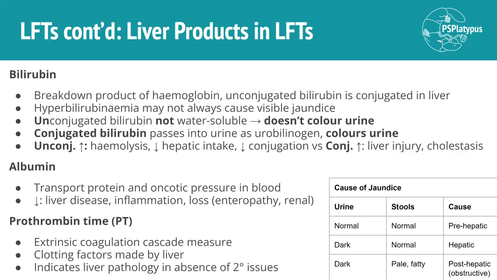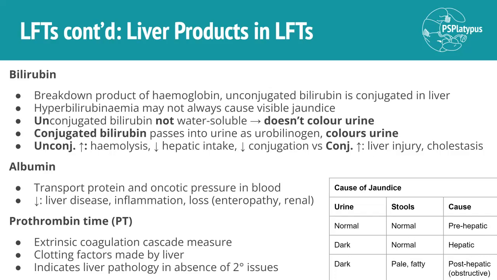So it's not in the liver and it's not after the liver that is causing this jaundice, where we're increasing the amount of bilirubin that we're producing and that's building up in the blood. Think of that hemolysis that we were talking about. You have lots more red blood cells that you're breaking down, that is lots more broken down hemoglobin into bilirubin, and that builds up in the blood.